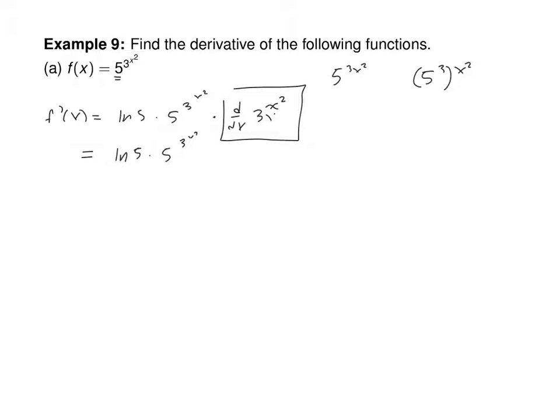What was the derivative of 5 to something? ln of 3, 3 to the x squared, and what thing still needs to be differentiated? x squared, that's going to be 2x. So there's your derivative. 2x ln 5 times ln 3, 5 to the 3 to the x squared, 3 to the x squared.